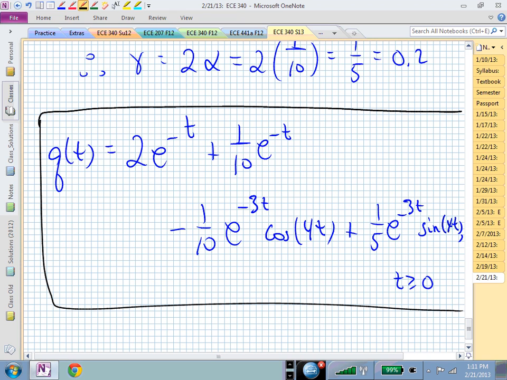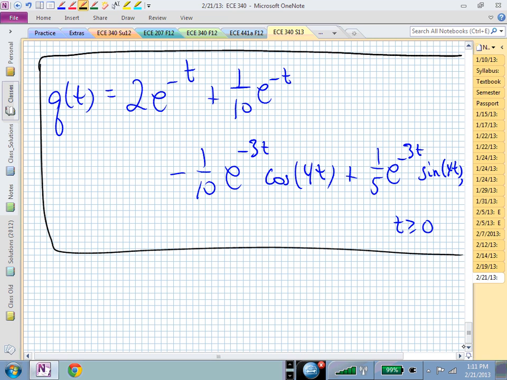Now let's say that I want you to sketch this using MATLAB. I want to see, what does Q of t look like? Maybe you can visualize that. Can you right now? What do you know about e to the minus 3t cosine and the same with sine?